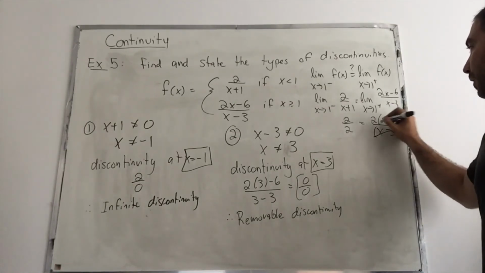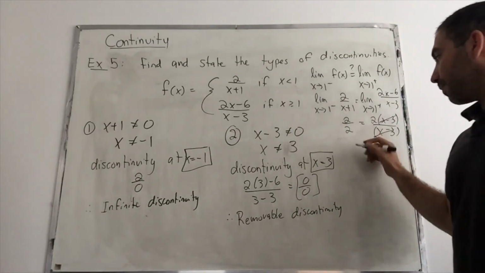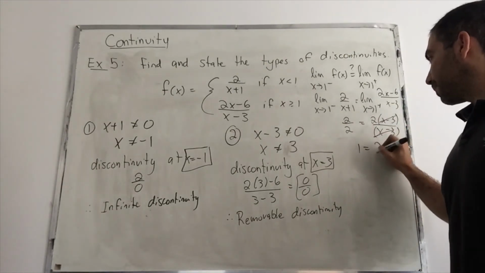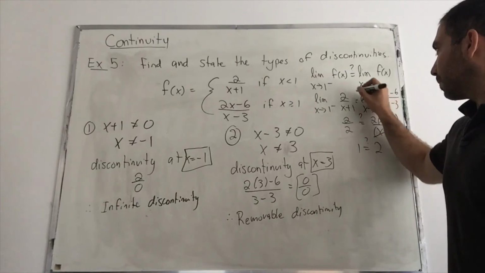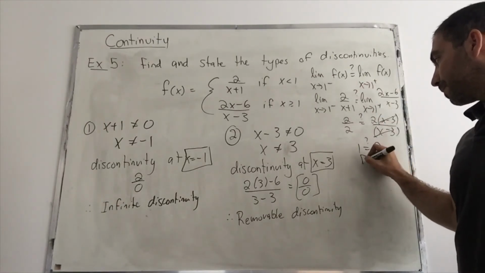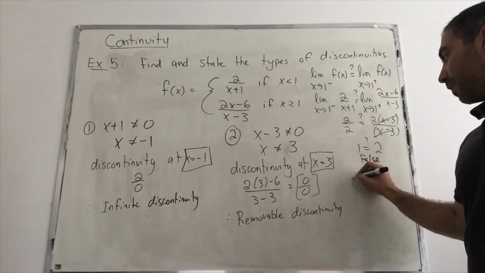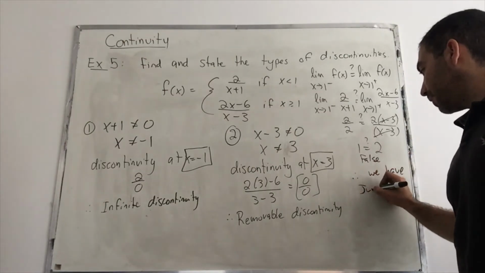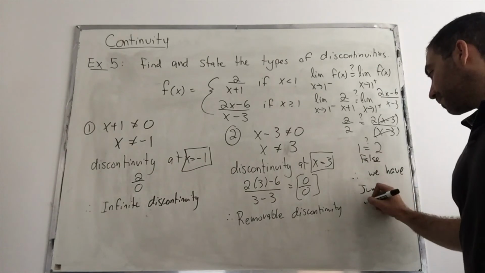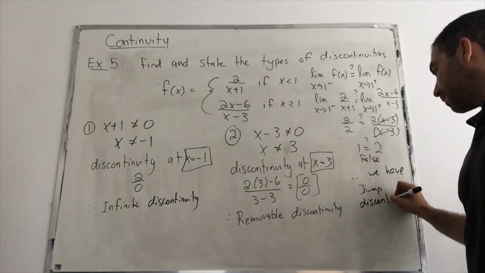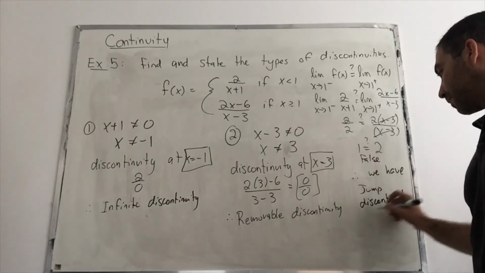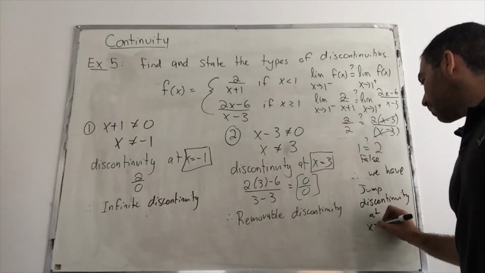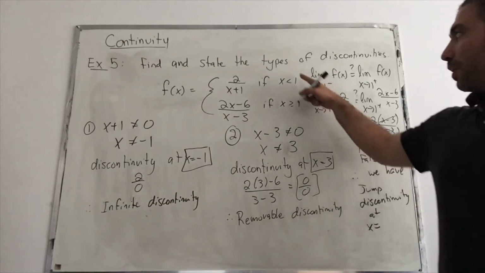Notice that the x minus 3 cancels and we're left with 2. So is 1 equal to 2? False. Therefore, we have a jump discontinuity at x equals 1.